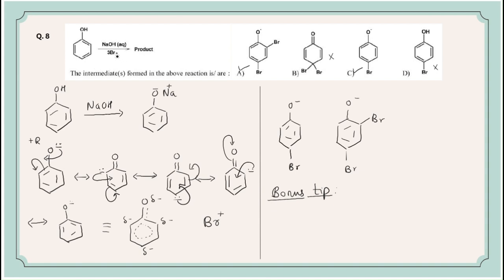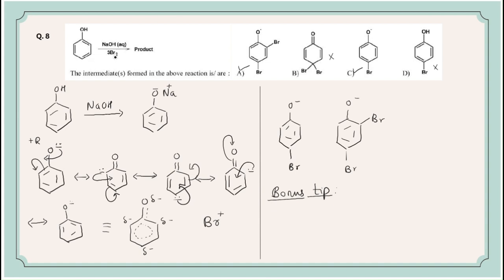How? When you treat with bromine water or bromine, the color of bromine is brown. When it reacts with phenol, it decolorizes this bromine because it's reacting with the bromine. That's why there is a decoloration of bromine that indicates that the given molecule is phenol.